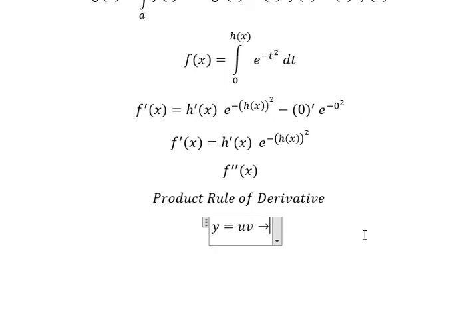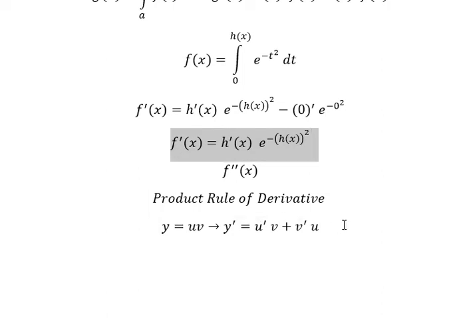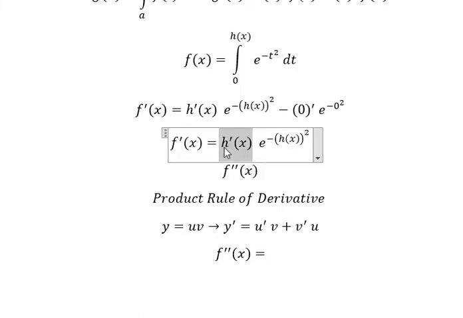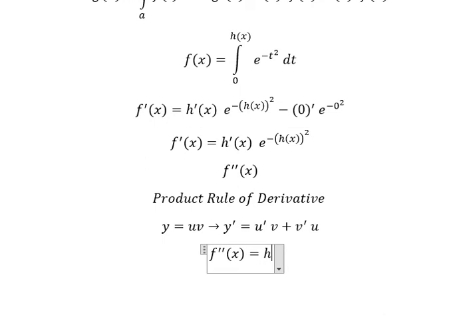So if we take the first derivative, we take the first derivative of u multiplied by v plus the first derivative of v multiplied by u. So in this one, we will have the second derivative. We take the first derivative of h of s with the first derivative. We will have the second derivative.